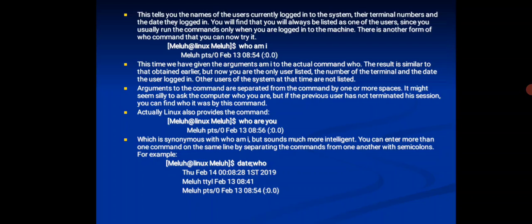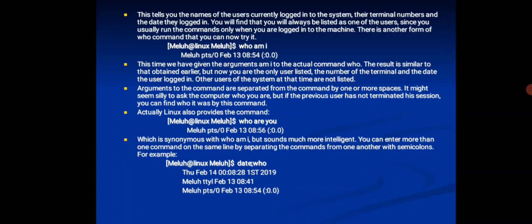Okay, so here we have another thing, that is we can execute more than one command in a single line. We can give one or more commands on the same line by separating the commands from one another with a semicolon. Now we can execute two commands together, but each command should be separated by a semicolon. For example, we have the date command and the who command. Date semicolon who, when we give this and press the enter key, it will display the date and time.